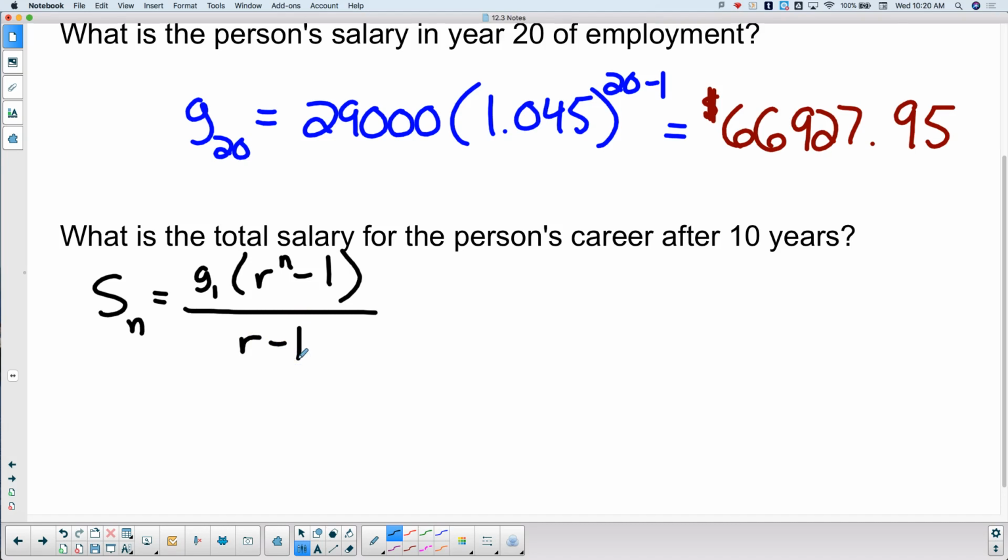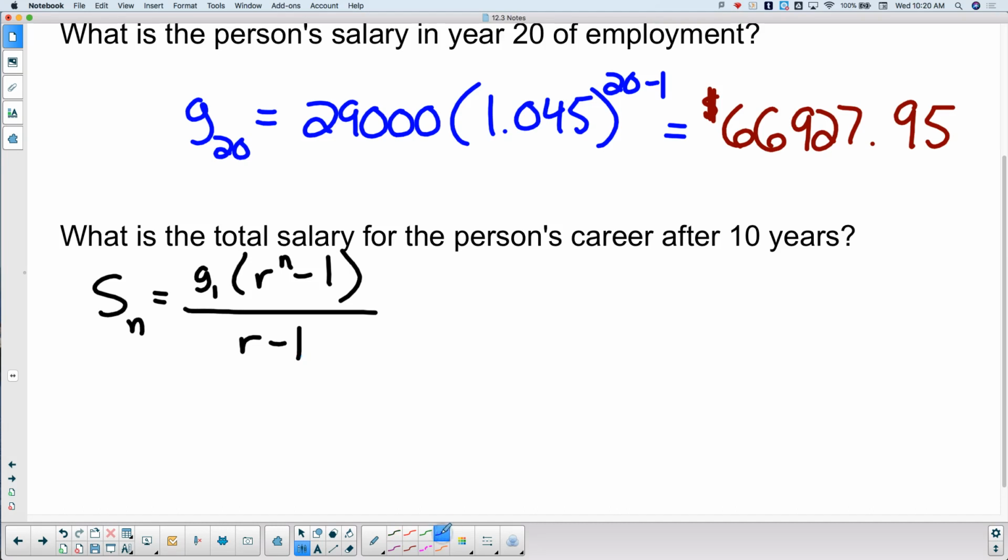Because in this particular case, it's the least amount of figuring that I have to do. I know my first term, I know my r value, and I know my n value. Whereas the other one, I'd have to calculate how much money we made in the 10th year, then multiply that by r, then subtract off G sub 1, and more calculations.